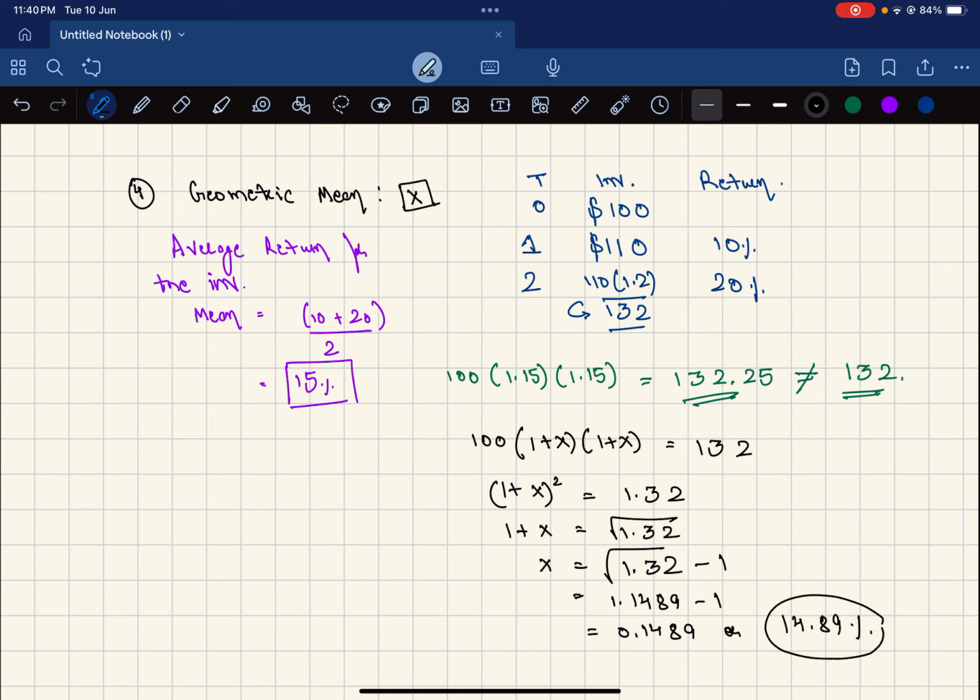So this is the true geometric mean return for the given 2-year period, which means that if we get a return of 14.89% in each of these 2 periods, then we would have come up with the final investment value as 132 instead of 132.25, which we were getting when we were using the arithmetic mean.